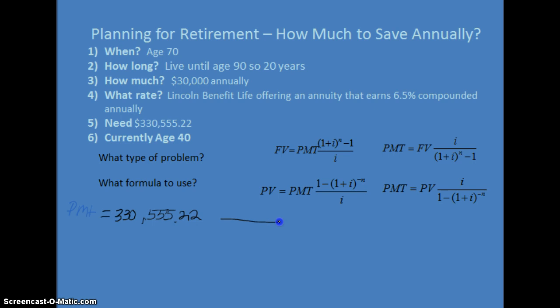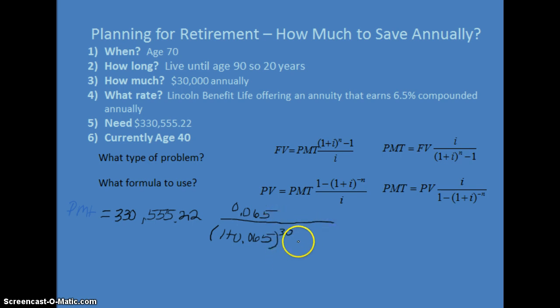And then we have the interest rate, so 0.065, and then in the denominator 1 plus 0.065, and we need an n value. So for our n value, we're currently 40 years old. It says that we're going to retire at age 70, so subtracting those, that means we have 30 years to make payments before we retire.